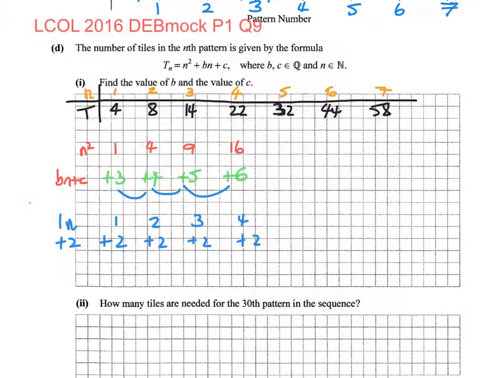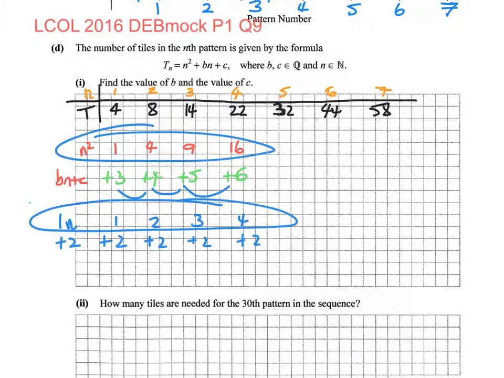Just by breaking it down, I have my n squared section, my linear section, my times table, and my constant. So it's n squared plus 1n plus 2. Very little algebra, no algebra needed in a sense at all. I'm not having to solve simultaneous equations. I'm just breaking down my sequence into parts: the squared part, the times table part, and the constant part.